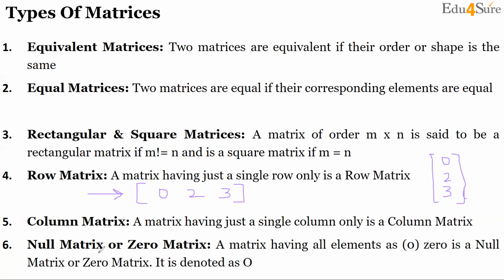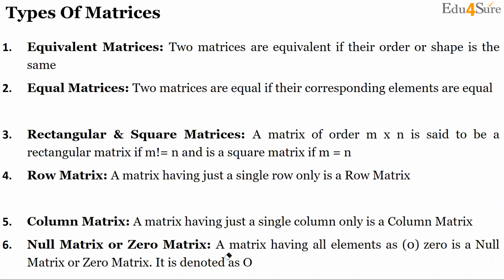A null matrix or zero matrix, where all the elements are zero, is represented with O. You can see here it is represented as O, which means that all the elements in that matrix are zero.